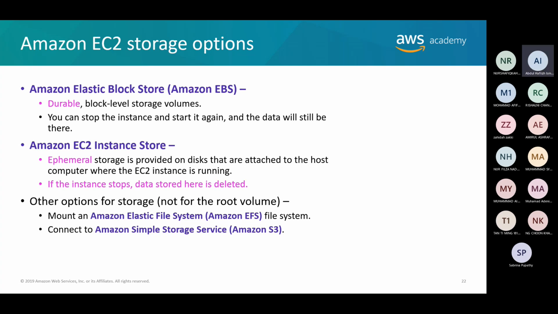So dia ada another file system, dia panggil Amazon Elastic File System. EFS provides a simple, scalable, fully managed elastic network file system, NFS. Okay. Mungkin tak sure kamu pernah dengar network file system. Kita mungkin individu kita mungkin tak guna, tapi kat enterprise dah lama guna lah.